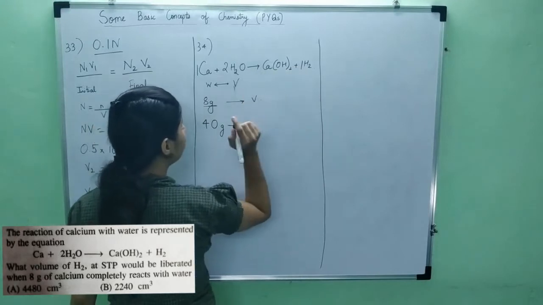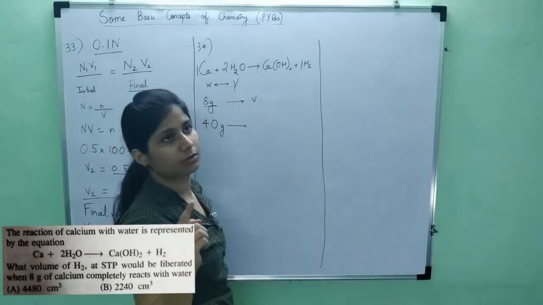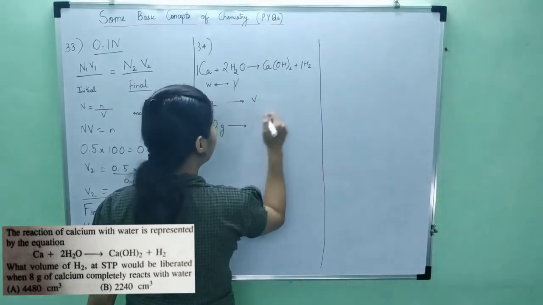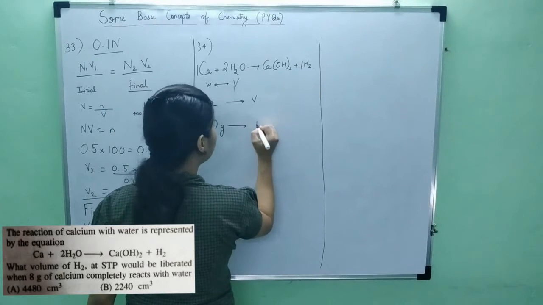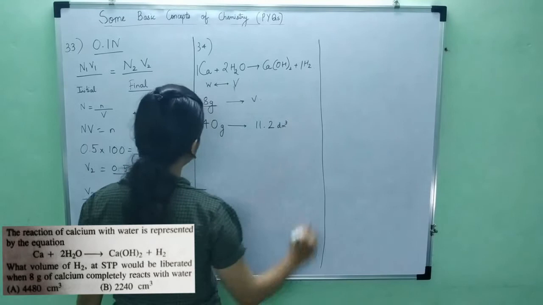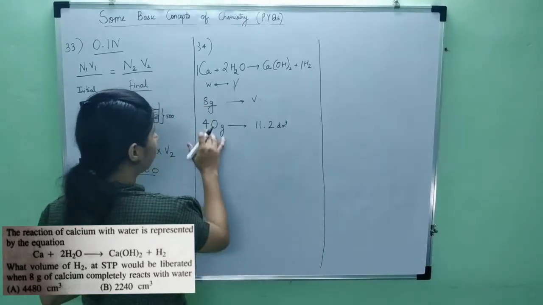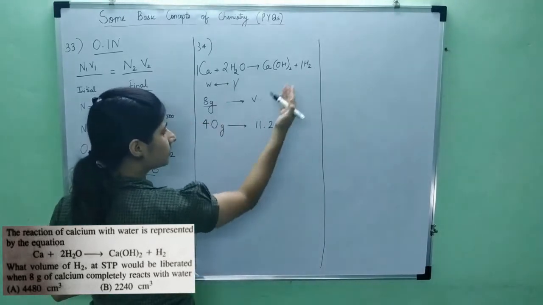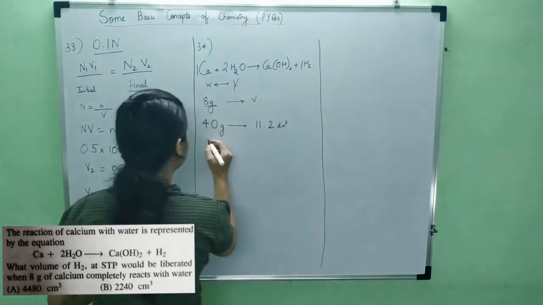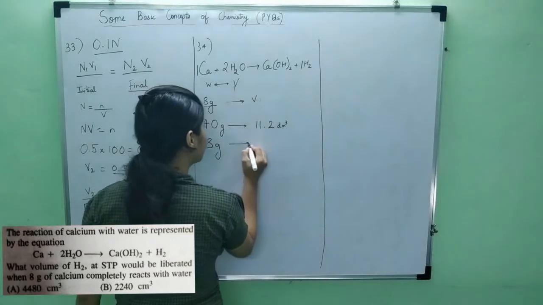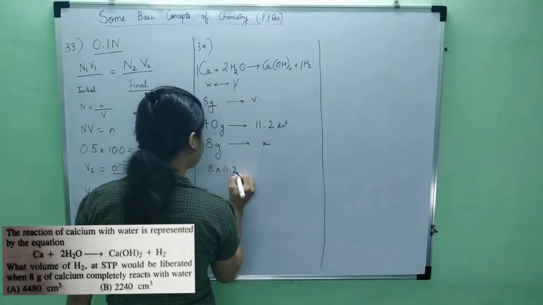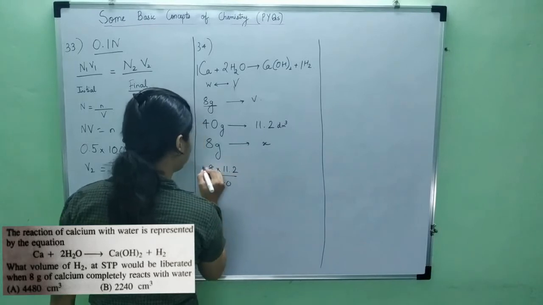It should give 1 mole of hydrogen, which in terms of volume gives us 11.2 decimeter cube of hydrogen. So when 40 grams of calcium is completely reacted, 11.2 decimeter cube of hydrogen is evolved. Now if 8 gram is reacted, what would be the answer? It would be 8 into 11.2 upon 40. So just solve this.